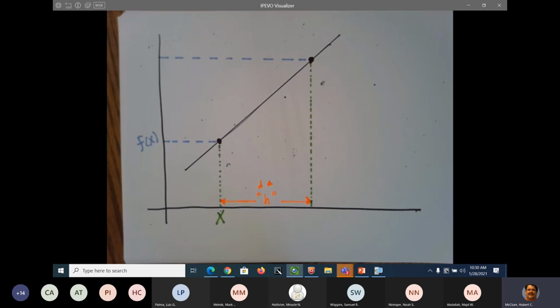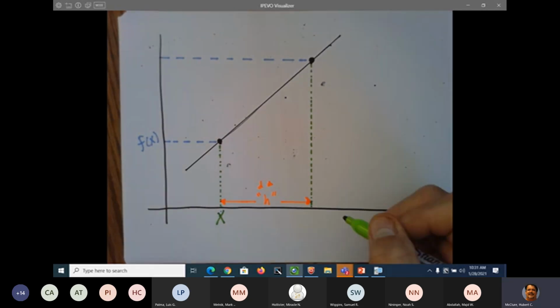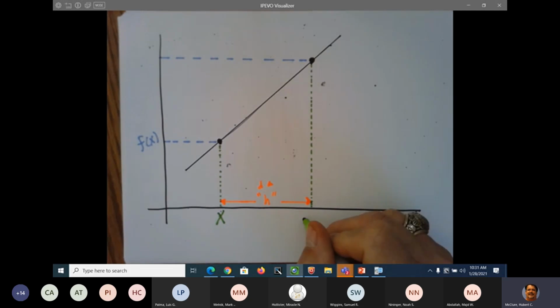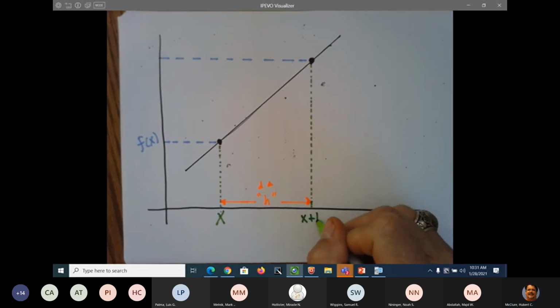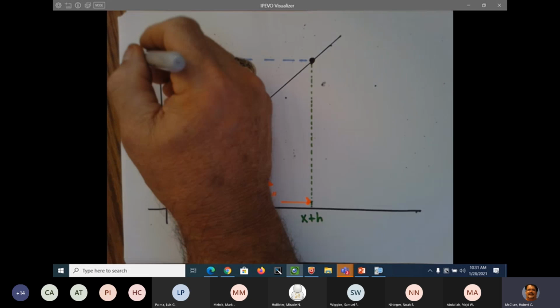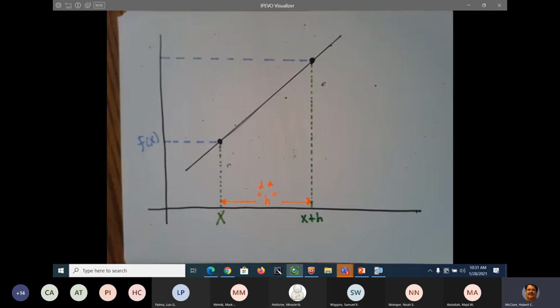Most books use H. So what is this second green spot right here? My 109 students should be answering these questions. What is that second green spot? What is it? X plus H, Hubert. That's right, class. So somebody tell me what this second lavender spot is. Is it H?